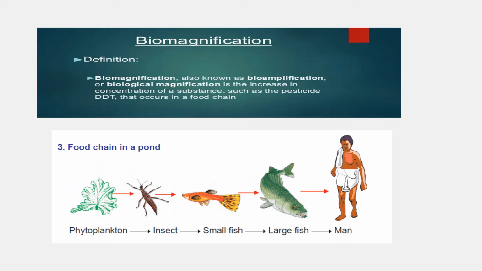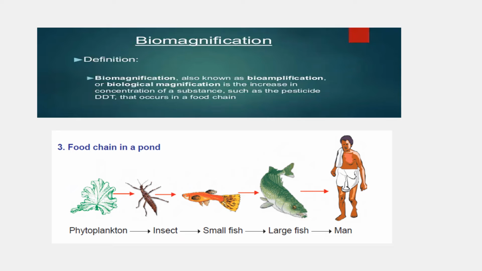It is an example for food chain in a pond. Instead of large fish eaten by man, in our textbook it is large fish eaten by fish eating bird. I hope you follow.